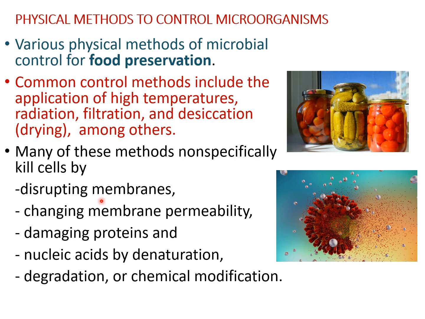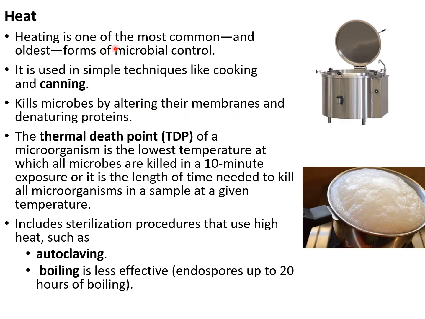They may disrupt the membranes, or change the membrane permeability of the microorganisms, or damage the proteins. Nucleic acid denaturation, degradation or chemical modification may be done so that microbial growth is prevented.